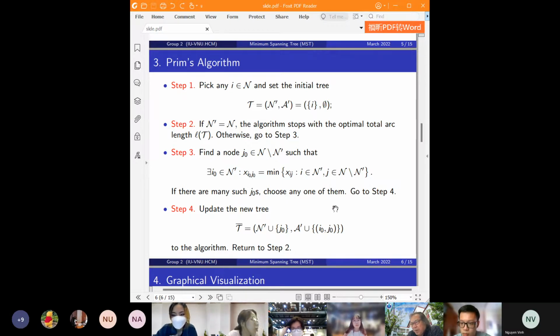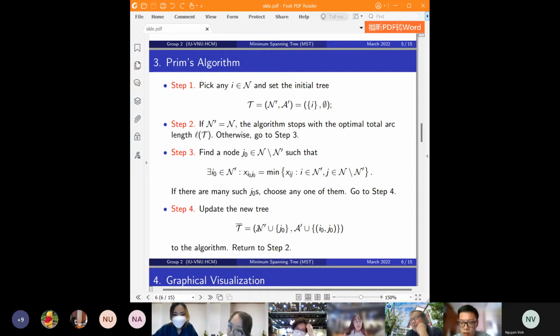That is okay. But you say return to step 2. To step 2, then N prime equals N. But here you don't have N prime union with. I think that we should tell the machine what to do now.